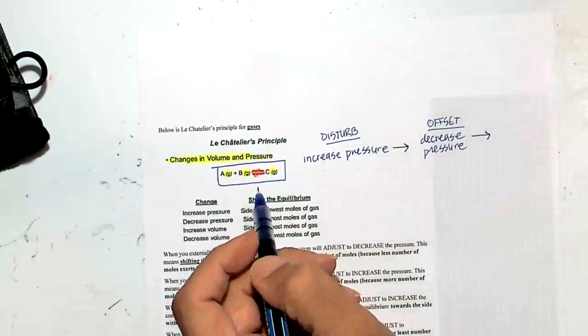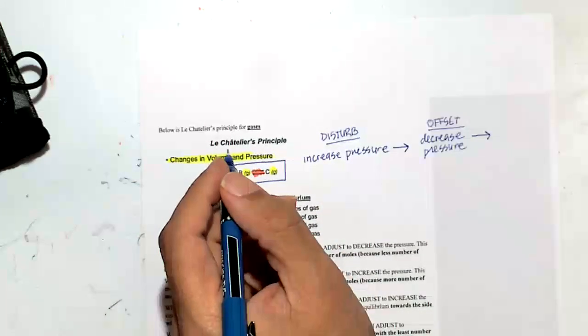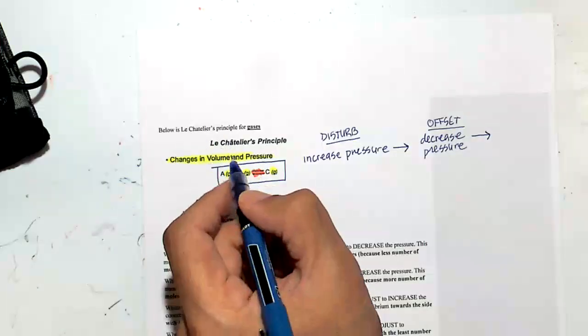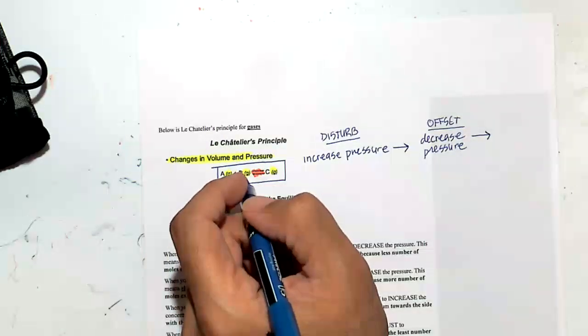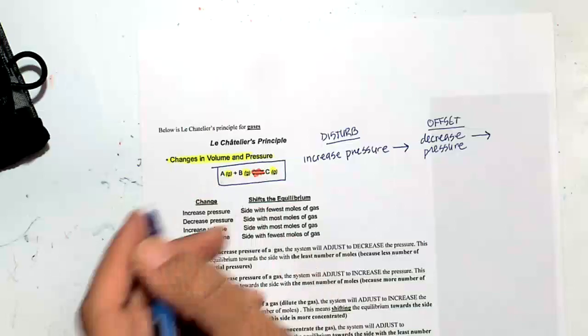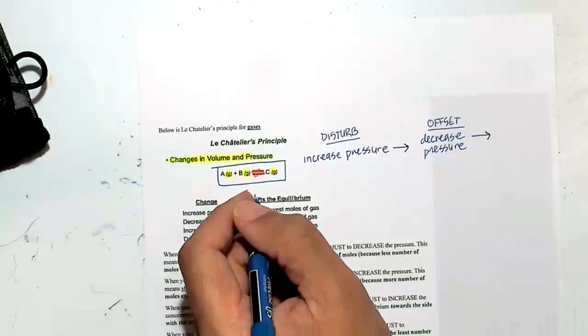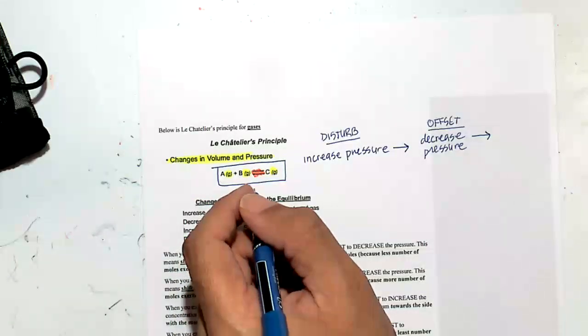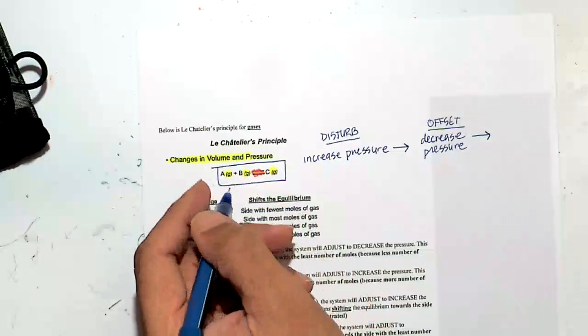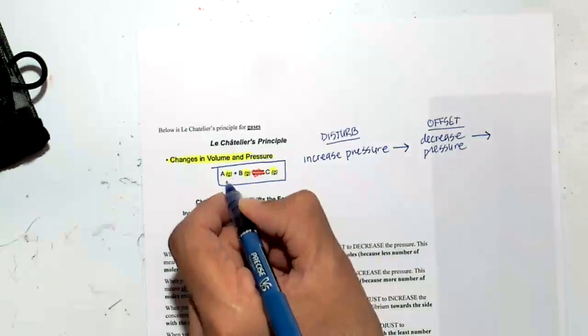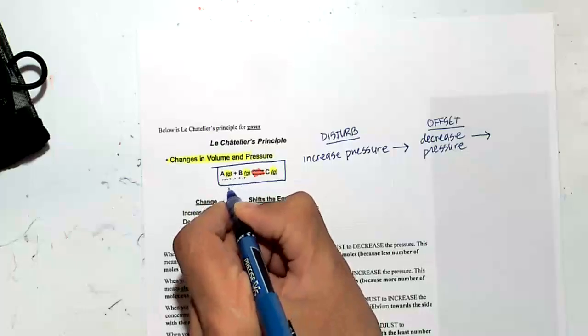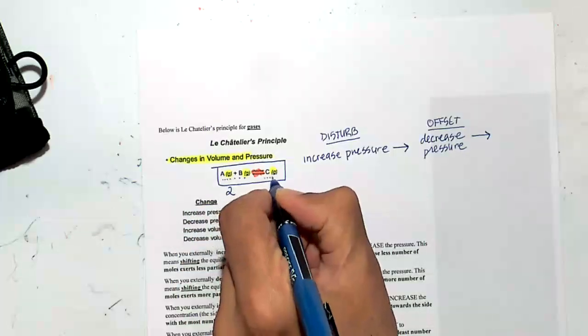So which side in this reaction has decreased pressure? The one with more moles or less moles? Less moles. So which side has less moles in this one here? Product side. How many moles are in the reactant side? 2.